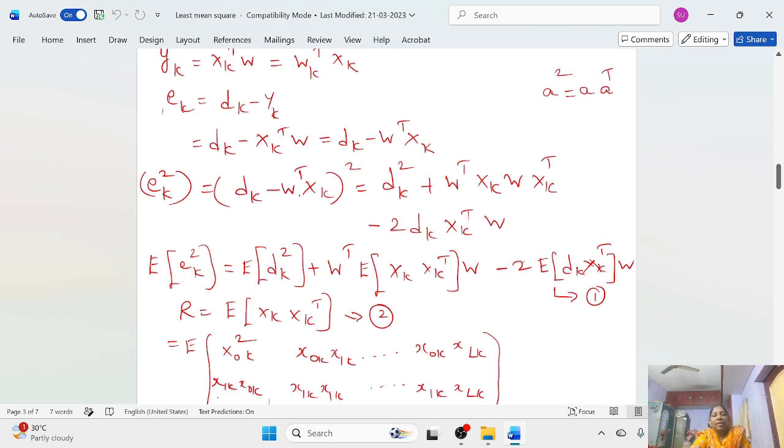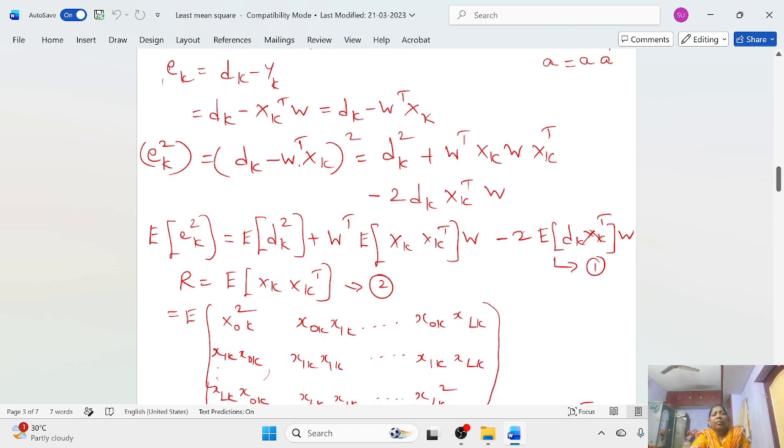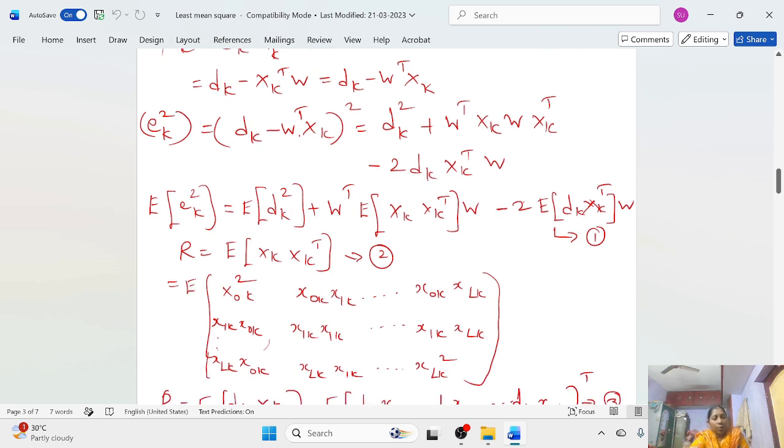Let us mark this as equation number 1. Next, in this equation 1, this xk and xk transpose expression is called the autocorrelation function. We can represent it in terms of R. R equals expectation of xk into xk transpose. Let us consider this R as equation number 2.